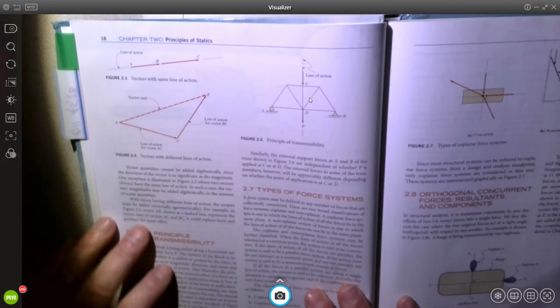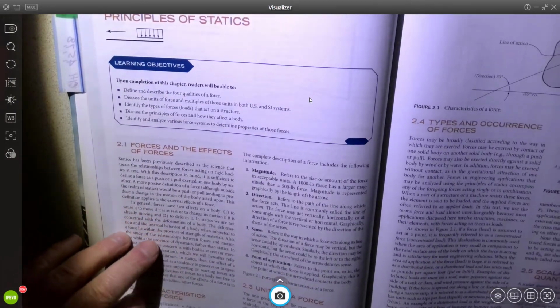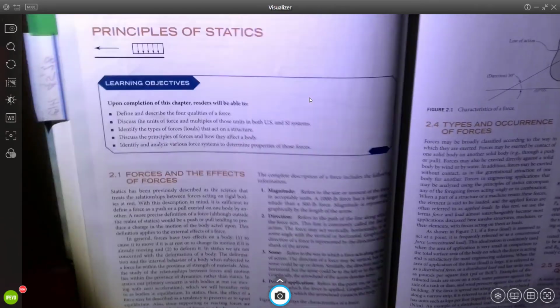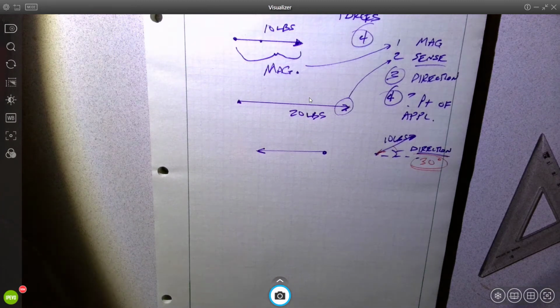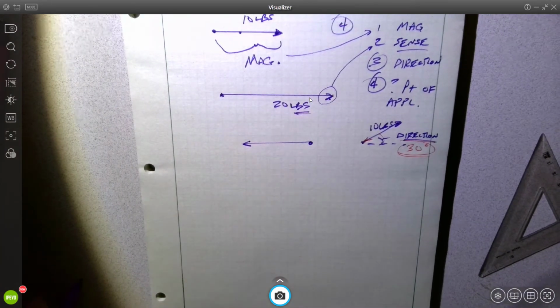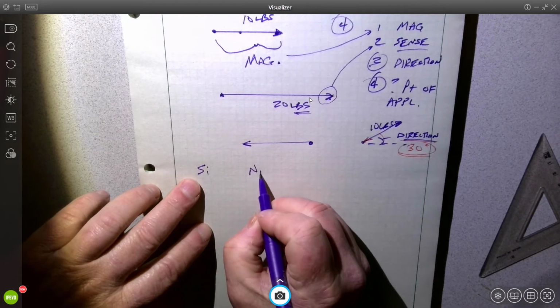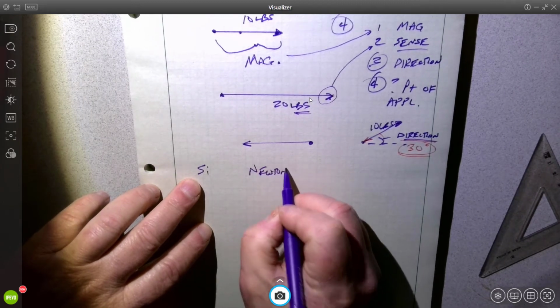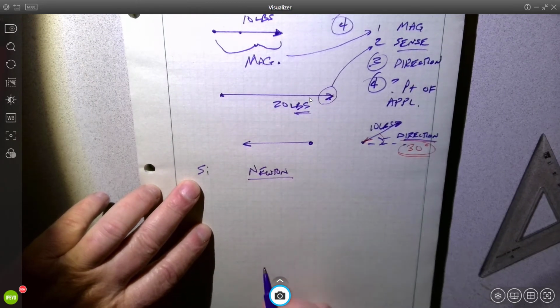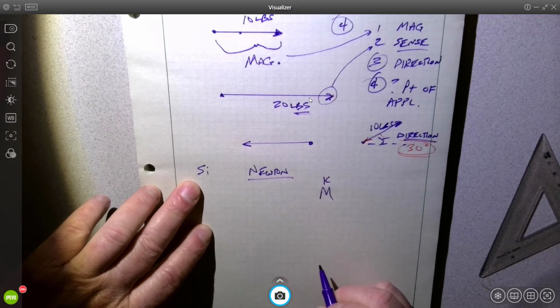Now, you can read through about types of forces, and you can read through about units of forces. I think you probably know the basic unit of our force, which is what? A pound. I've already written it a couple times. So in the SI system, the basic unit is a Newton. So then, of course, the SI system has kilo and mega, right?